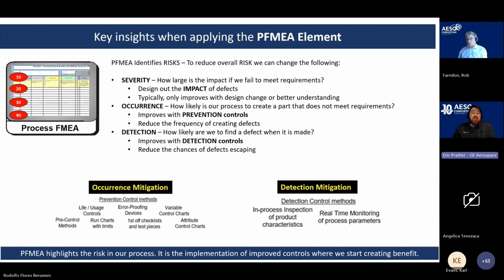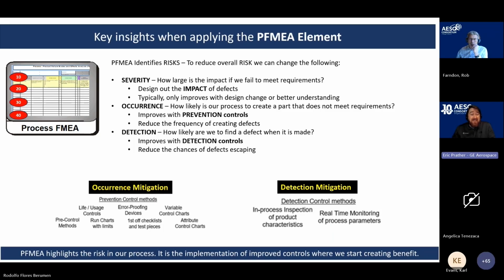So what are we getting out of the PFMEA? PFMEA is a big one. It's very popular, comes up a lot. PFMEA is to identify risk. So we want to reduce that risk, and we do that by changing controls. So we look at severity, occurrence, and detection. Severity: how large is the impact if we fail to meet our requirements? And impact is the word that I really like people to take away when we talk severity, right?